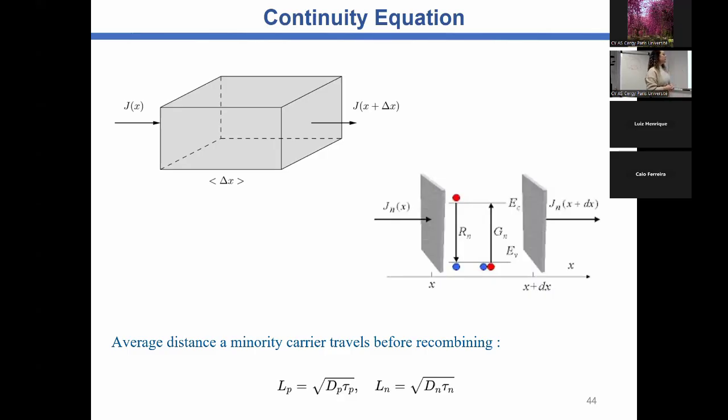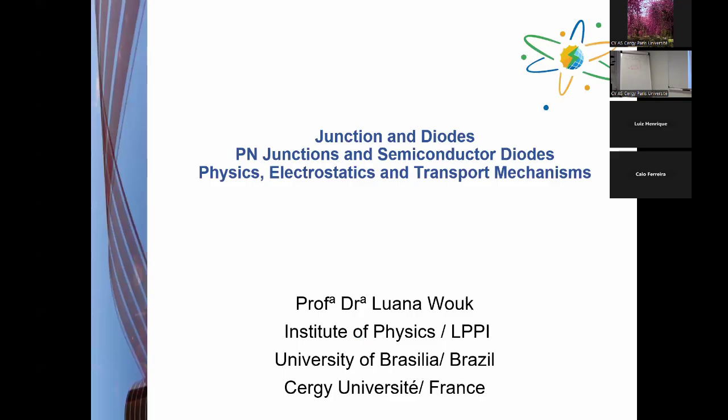Today we will discuss what happens if we have two materials together, and everything that we discussed in the third class we will be talking about in the fourth class.